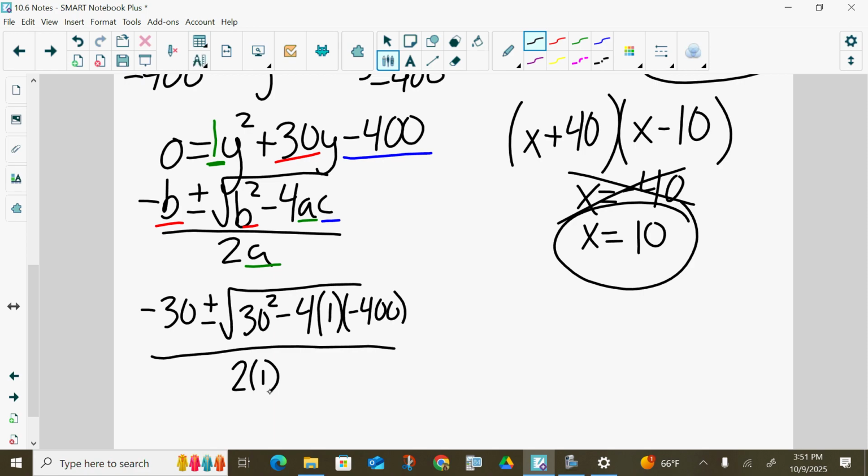Now, when I solve this, I should wind up with the same answers that I got over here by factoring. So let's take a second and break it apart and solve it. 30 squared is going to give me 900 minus 4 times 1 times negative 400 gives me negative 1600, so this becomes positive 1600.